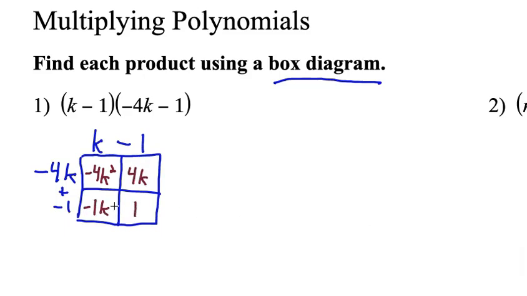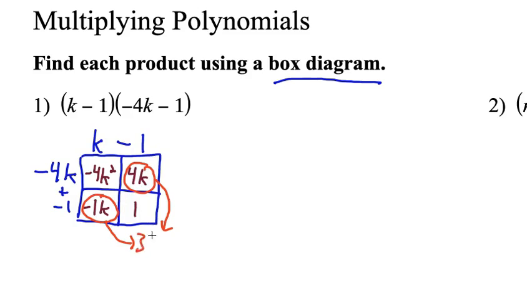All right, looking at my 4 products inside the diagram here, I notice that I have some like terms, negative 1k and 4k. Well, we are going to combine those like terms, negative 1k plus 4k. Remember, when we combine like terms, we're adding, but since the signs are different, we subtract in this case.